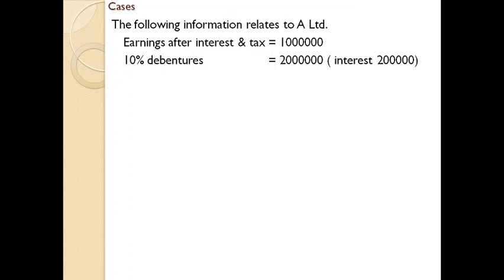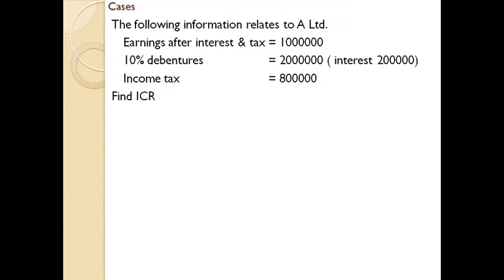They just give 10% debentures of rupees 20 lakhs. It's implied that it consists of interest on debentures. Income tax is 8 lakhs. You need to find the interest coverage ratio, or ICR.